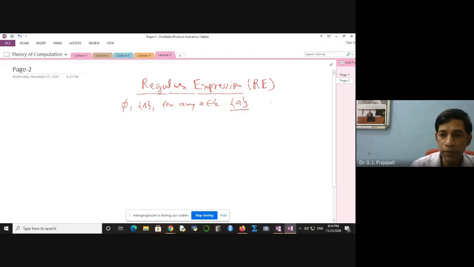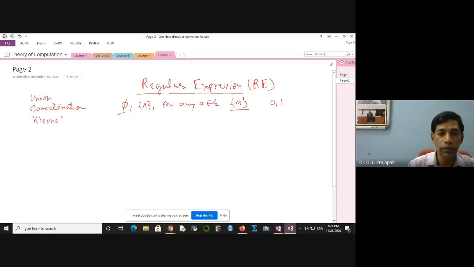So you have basic regular languages of length 0 or 1, or you can have no strings at all. These are the basic regular languages. So how can you form more complex regular languages? Starting from the basic regular languages, we can form complex regular languages with the help of the operations of union, concatenation, and Kleene star.